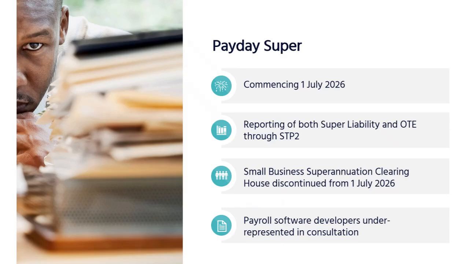Sybiz at this point in time is only reporting the super liability. So we will need to make some changes to the software for you to specifically flag your pay items as OTE, so that we can total those up and report those through STP2 as we approach the time for Payday Super. The government is also getting rid of its small business superannuation clearinghouse.